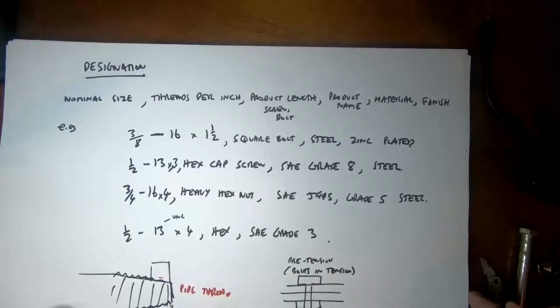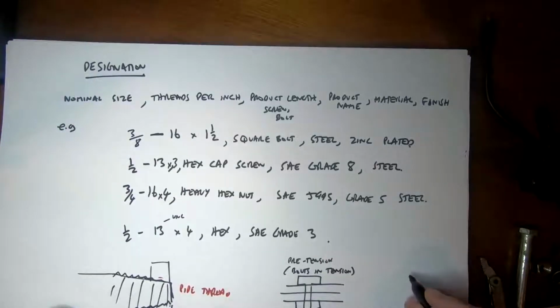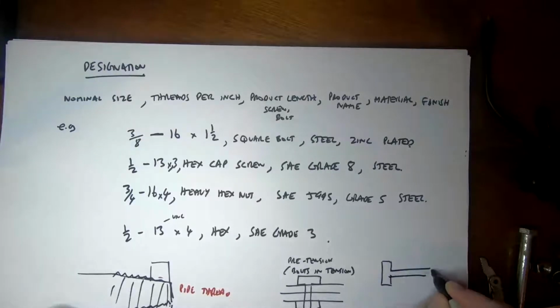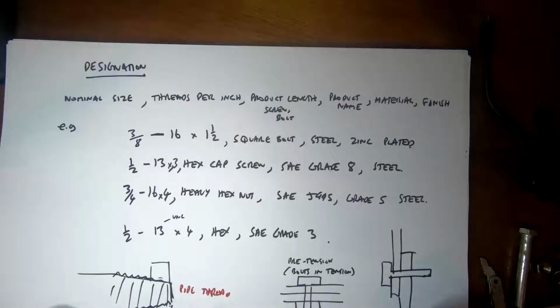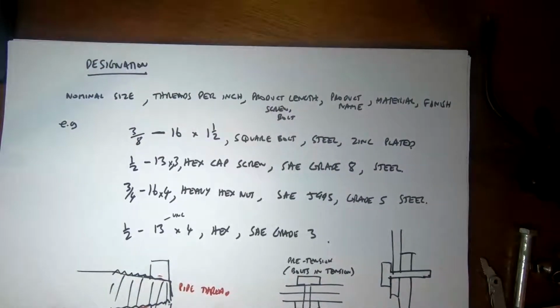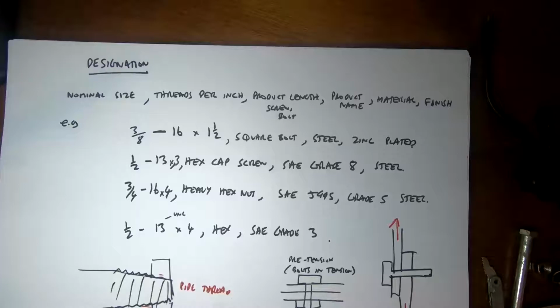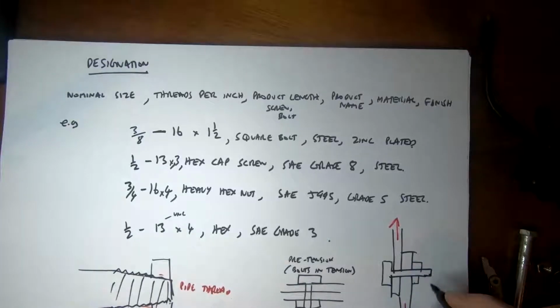And then apart from that, we obviously have a situation where we can have a bolt and we can have a plate like this and a plate like this, and by pulling down on this one and pulling up on this one, we've effectively put a nut on here to secure the thing in place.